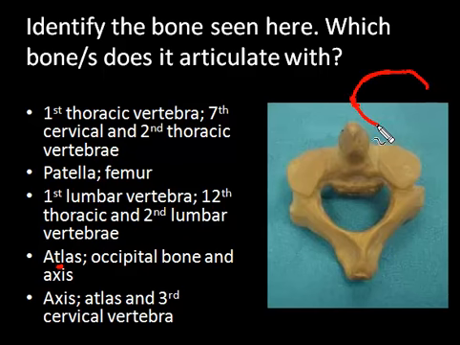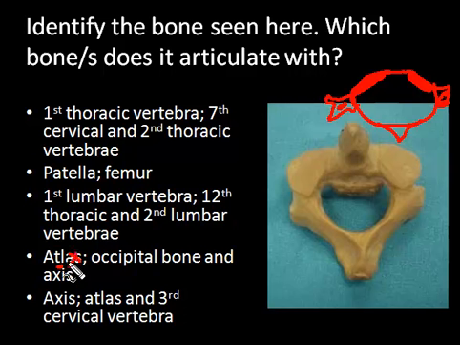It has a huge ring like this, and then you have the transverse process where you have the foramen transversarium with a little tubercle, and then it has condyles here where it will articulate with the occipital bone above, and below also there'll be condyles to articulate with the second cervical vertebra. So this is not ring shaped, hence it's not the atlas.